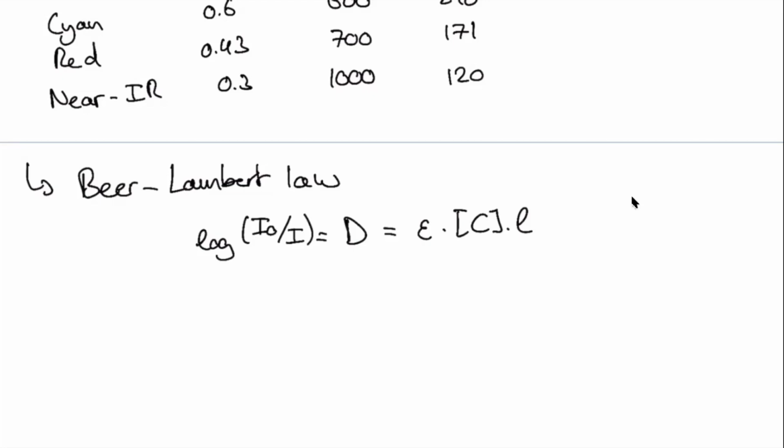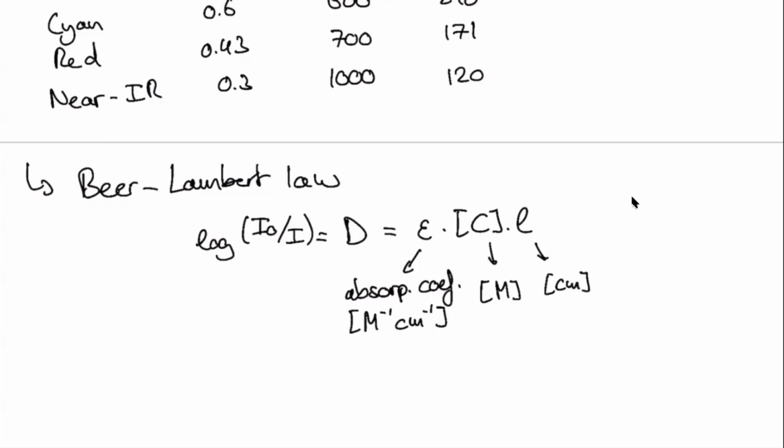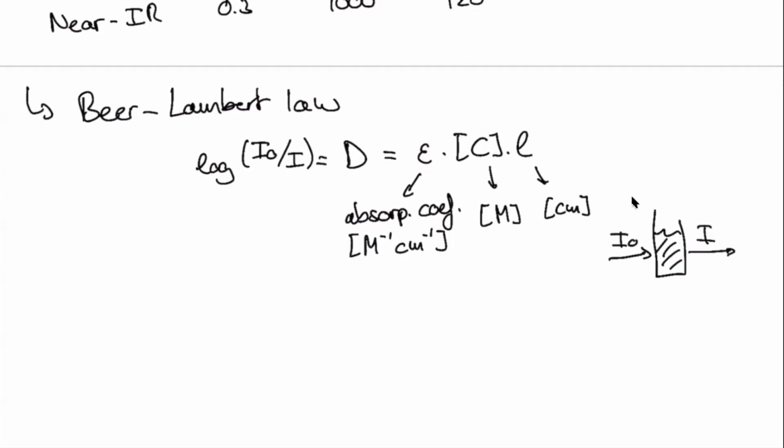The absorption coefficient is in per molar per centimeter, concentration in molar, path length in centimeters. Just imagine you have a cuvette, you have some light coming in with some intensity I0. Some light will be absorbed, the rest will be transmitted, which is I. My solution. And that's the Beer-Lambert law. So that's kind of important.